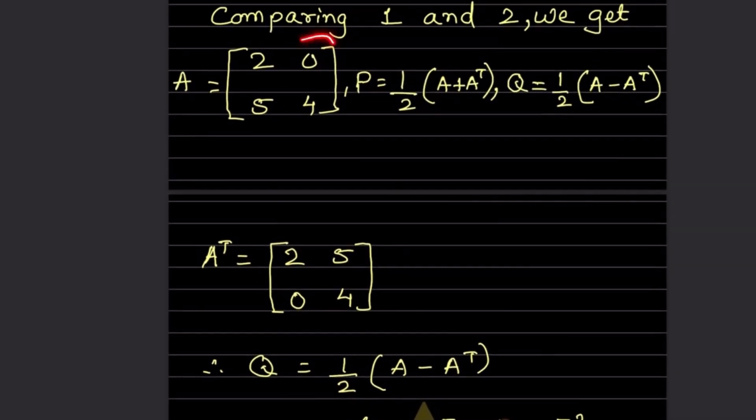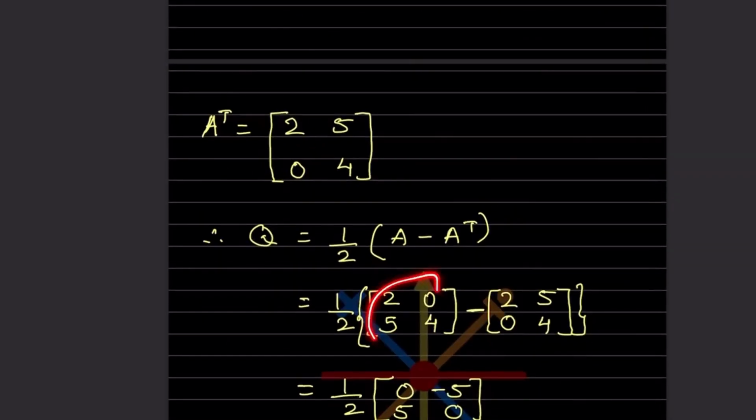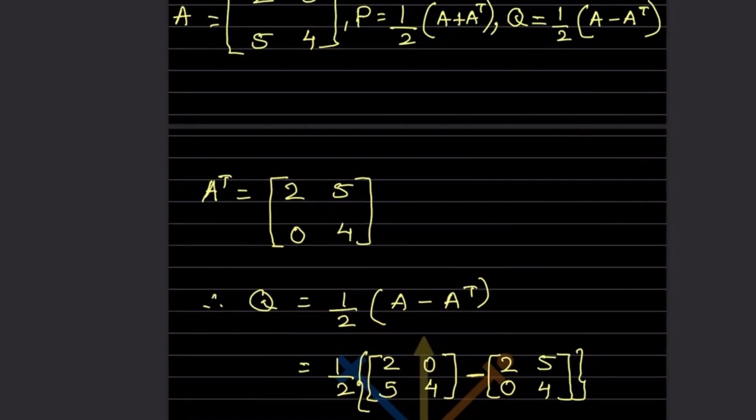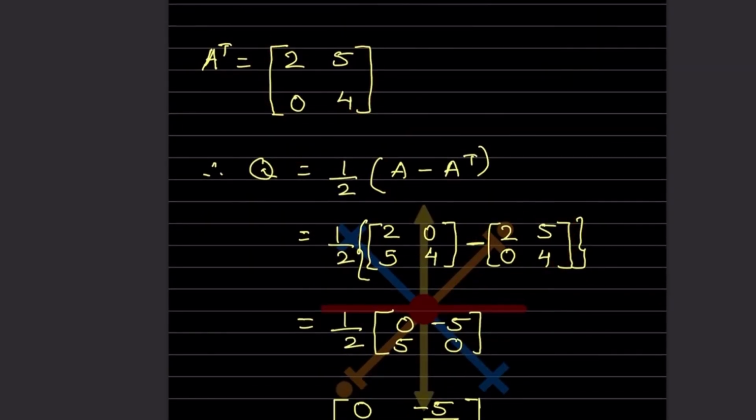So we know A minus, now we have found out the A transpose. So what are you going to do? This half you will keep as it is outside. 2 minus 2 is going to be 0. 0 minus 5 is going to be minus 5. Then 5 minus 0 is going to be 5.